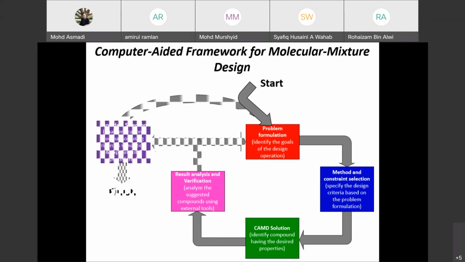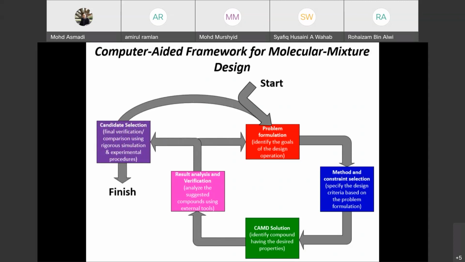And then finally is the candidate selection lah. Okay, final selection. So dekat sini kita akan, based on the detailed verifications, combine the simulation and also experiments and also the rigorous model-based test. Okay, you boleh dapat apa you punya target compound. So kalau tengok kat sini kita akan ada loop sebenarnya.